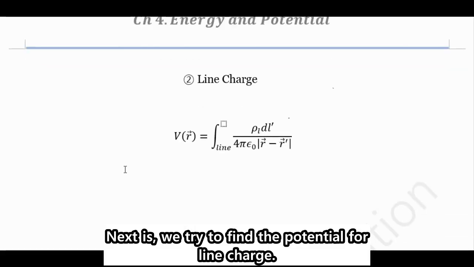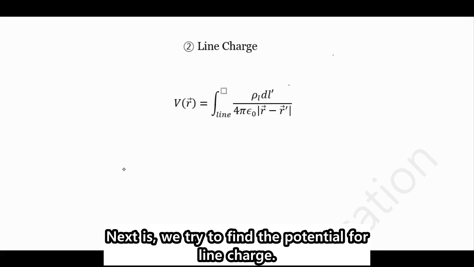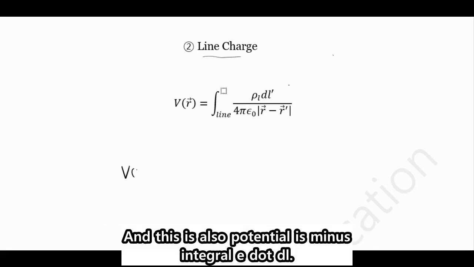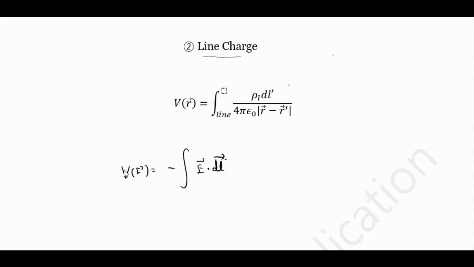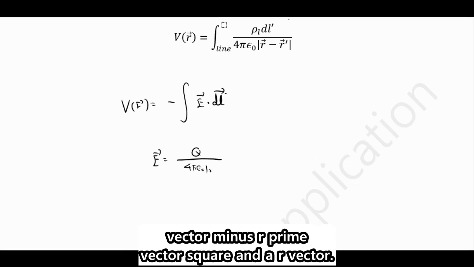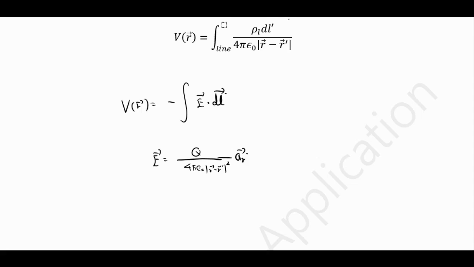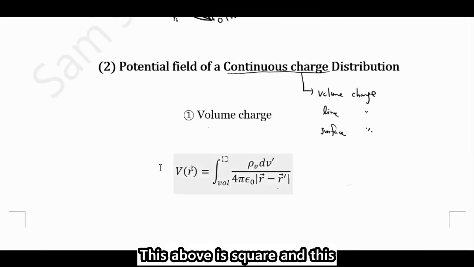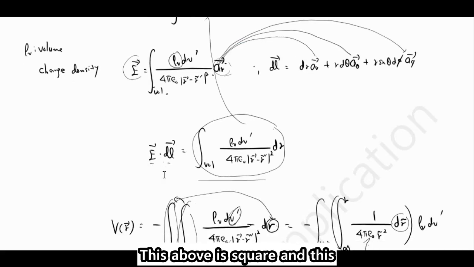Next we try to find the potential for line charge. The potential is minus the integral of E dot dl. The electric field is Q over 4 pi epsilon 0 times magnitude r vector minus r prime vector squared, times a r vector.